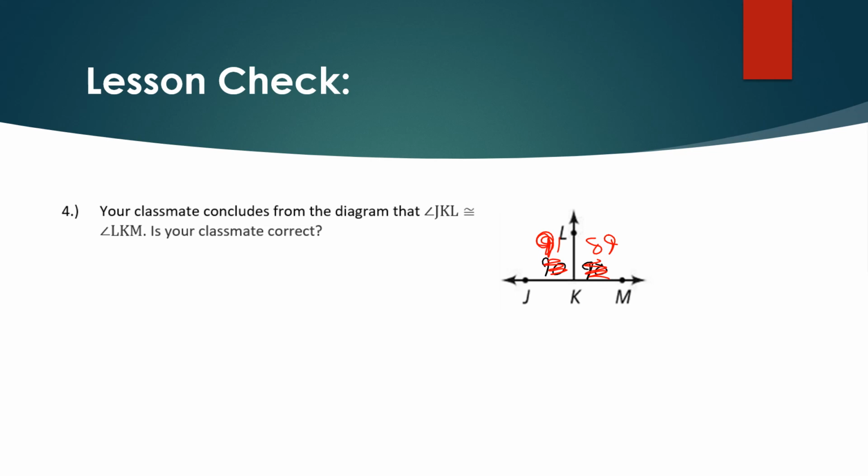The mistake that your classmate is making is just assuming that the picture is exact. In reality, people aren't perfect, so drawings are not necessarily perfect. Unless they give us some kind of indication that these are right angles, we have no reason to believe that they are right angles. So they're just making an assumption, and that's their biggest mistake here.